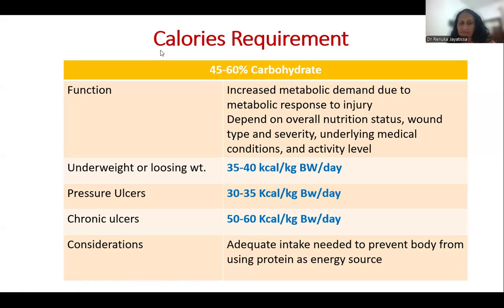But if they have a pressure ulcer, 30 to 35 kilocalories. But if they have a chronic ulcer, they need much more energy, that is 50 to 60 kilocalories. This changes depending on the patient's requirement.